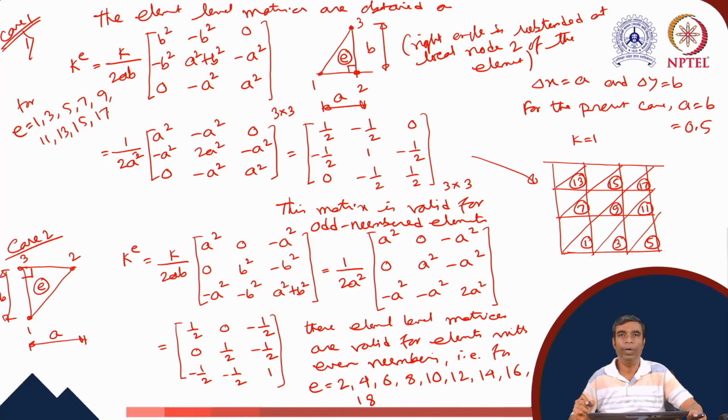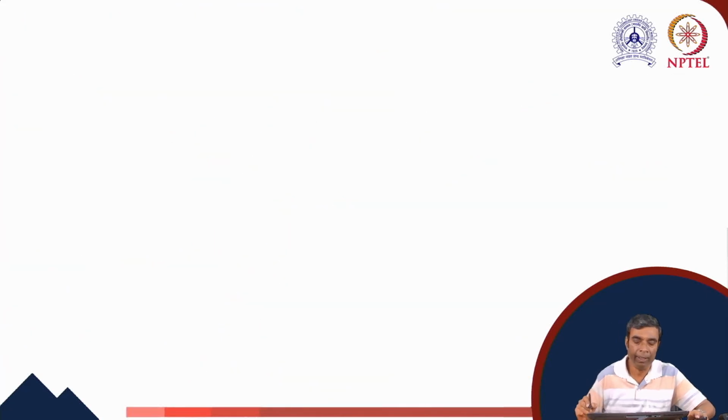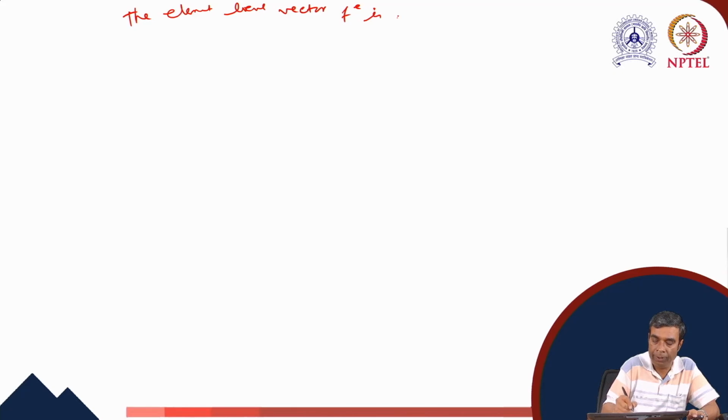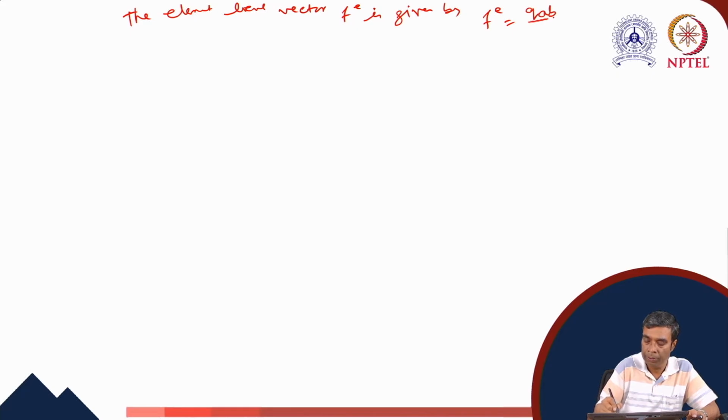So now we have generated the element level matrix, and the element level vector Fe is given by Fe equals QAB by 6, 1, 1, 1. So our A and B both are equal to 0.5.